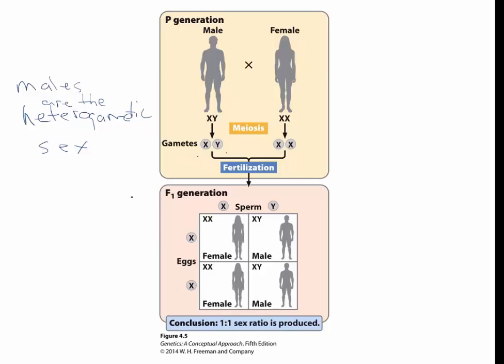In other systems, the female might be the heterogametic sex. In humans, females are the homogametic sex, meaning that they make the same type of gametes, and males can make different types of gametes. If you do a little Punnett square, you get an X and an X from the female, an X and a Y from the male, and when they come together, you get 50-50 males to females.